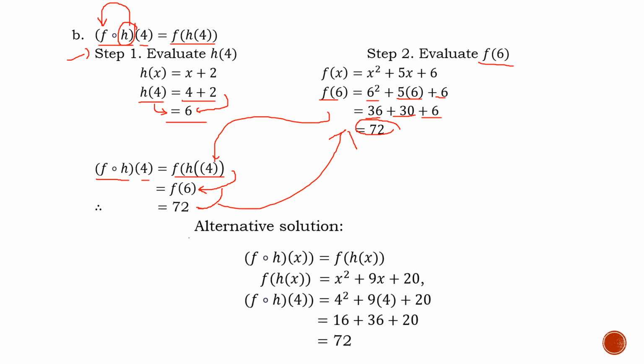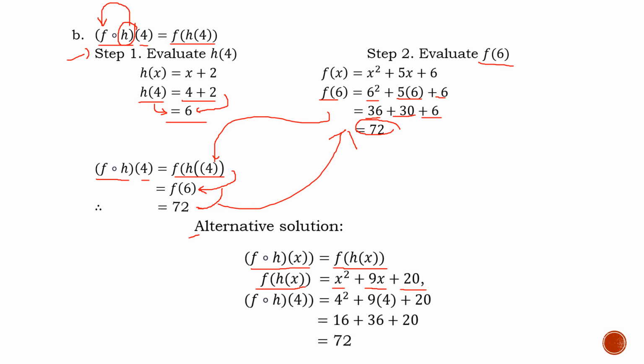So for the alternative solution, your f composite of h of x is equal to f of h of x. We simply use the value of h of x, which is x plus 2. From our previous topic, we simply get this one, x squared plus 9x plus 20. We simply put x plus 2 as the value of h of x to all x variables under your f. So it becomes x squared plus 9x plus 20.